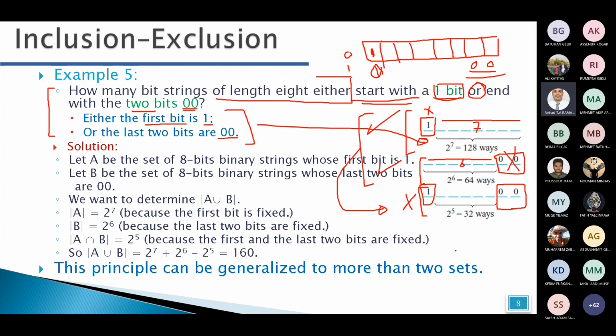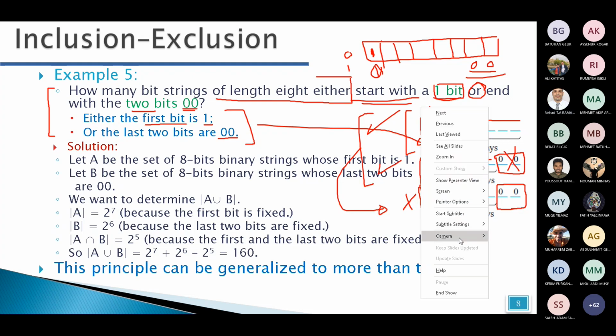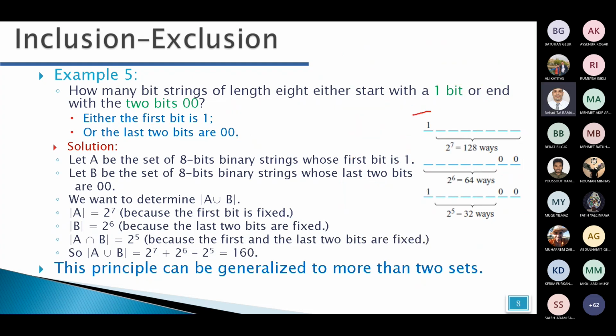So how many ways for the first option, when the first digit is fixed as 1? Let's name this one A ways, this one B ways. A intersect B is when we have 1 fixed and 0, 0 fixed.